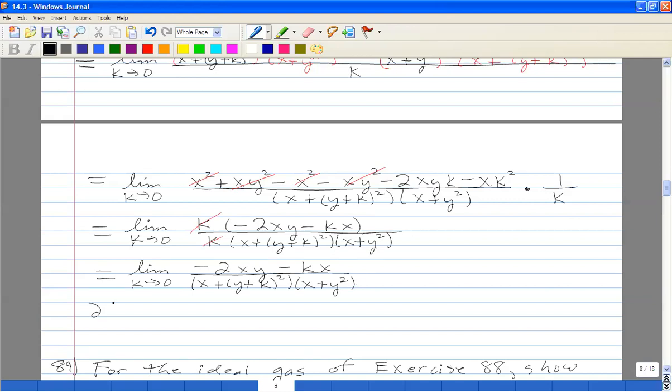And so the partial of f with respect to y is equal to, as k goes to 0, this term goes to 0, so the numerator is negative 2xy. As k goes to 0, y plus k goes to y, so this becomes an x plus y squared, and so there will be two of them in the denominator. And that is your answer.